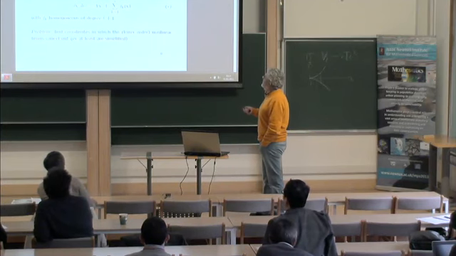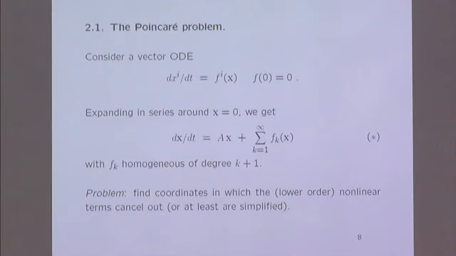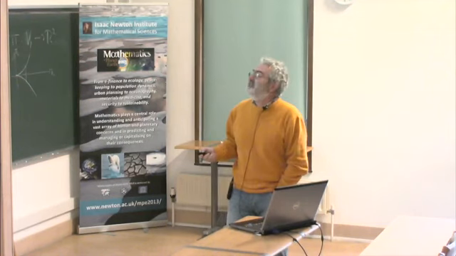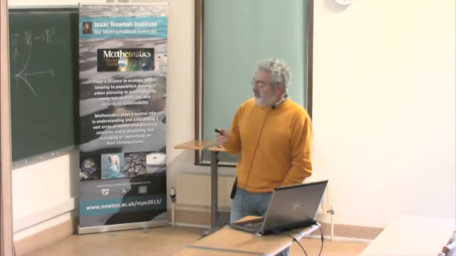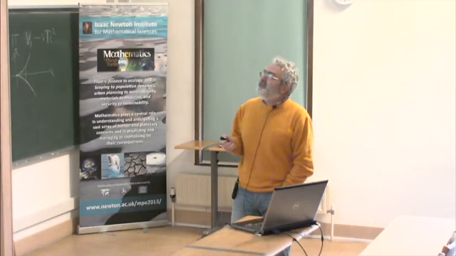The idea was to expand this in series around the origin, and then you try to find coordinates in which at least the lower order, but in principle all the orders, of the nonlinear terms can be cancelled out. Now we know that it's not always possible, but at least it can be simplified. So what was the idea of Poincare? The idea was to do it step by step, order by order.